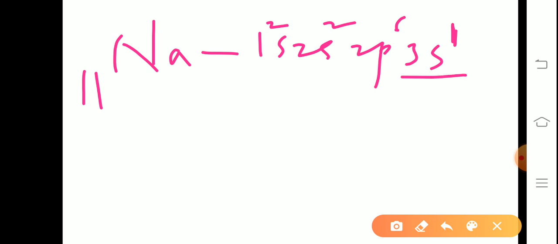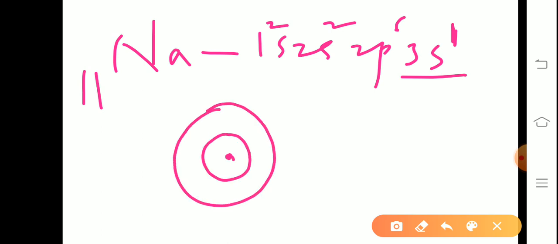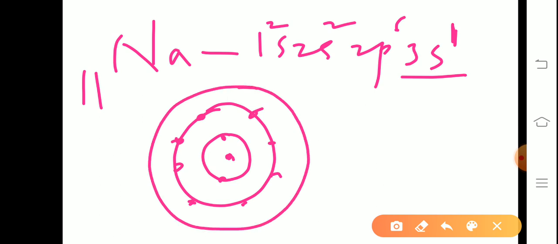So let me draw the structure. Two electrons and here 8 electrons. Okay, and the last electron. Total how many? 2 plus 8, 10 plus 1, total 11 electrons.